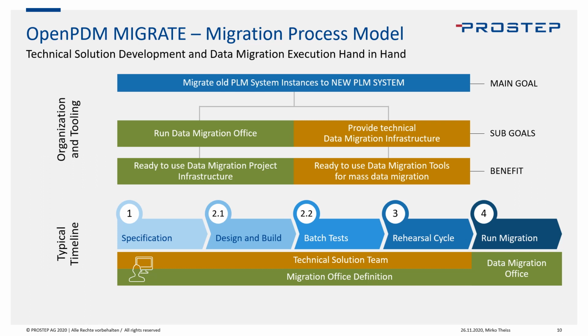On the technical solution team, this is a group of scripting experts who also know all the source systems and target systems. So they're experts in migration of data for those systems.